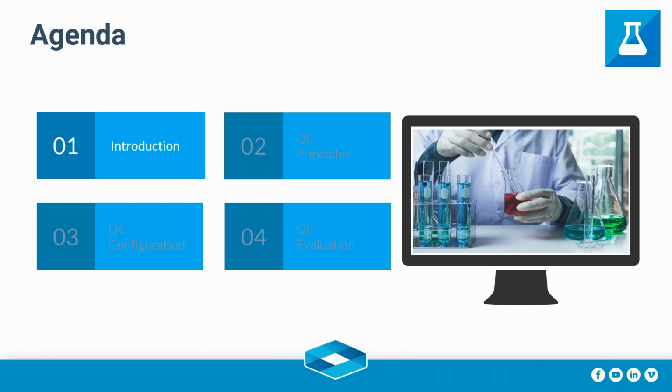The topics we are going to cover today include the following. Introduction: for those who are not familiar with who Datamine is as a company and the solution that we're offering, I will take a couple of minutes to do a brief introduction. Then we'll discuss the concept and principles of QC, to answer questions around why we need QC in a lab.